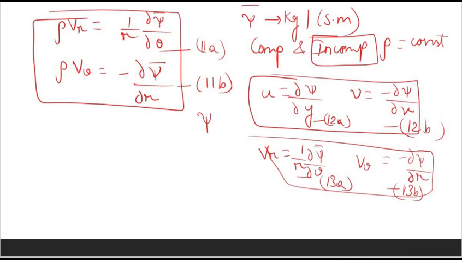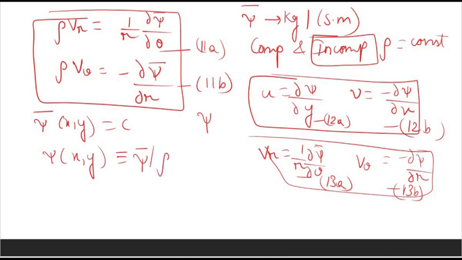So now when I say for a compressible flow, psi bar of x comma y equal to constant, it is the equation of a streamline. Now when I say rho is constant, how can I write? Can I write psi of x comma y is equivalent to psi bar by rho?